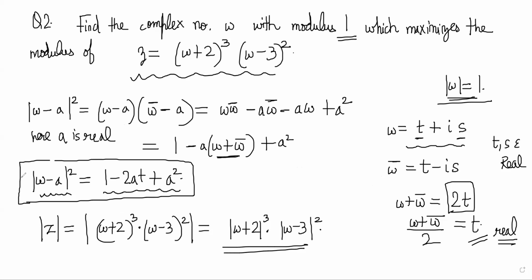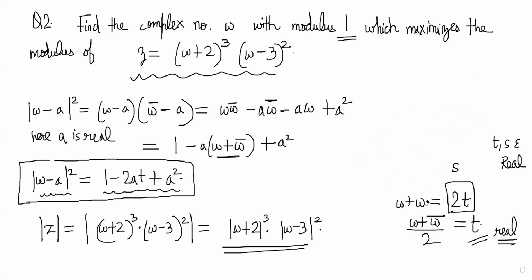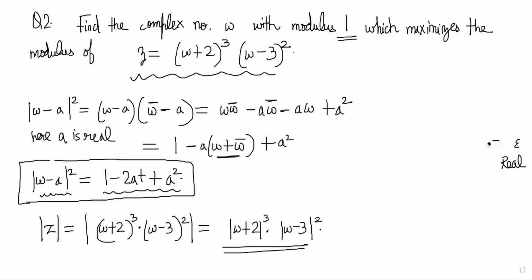So using that result, what do we get? We get that w plus 2 mod, this part is w plus 2 mod cube. So I need mod square.